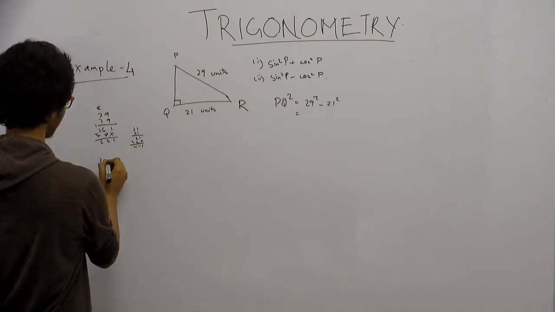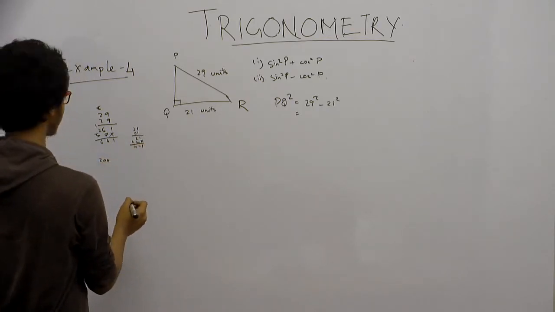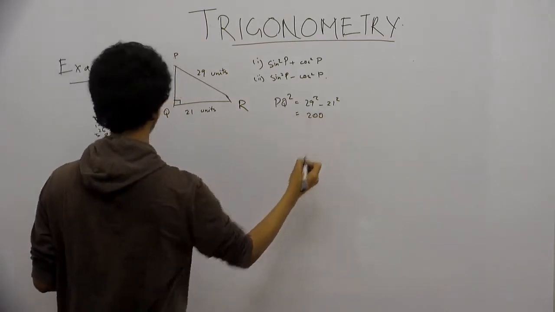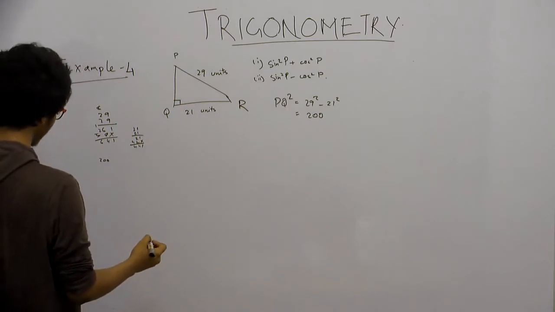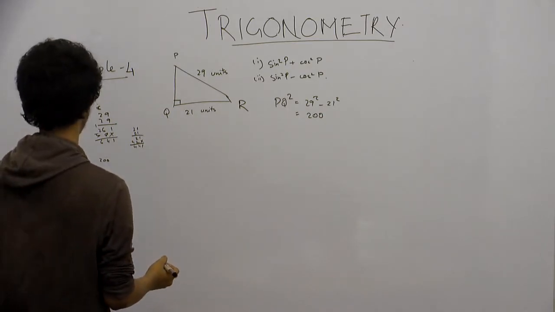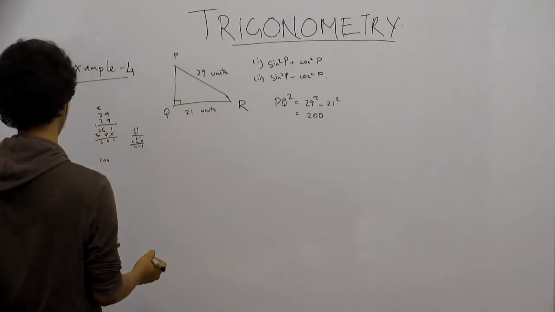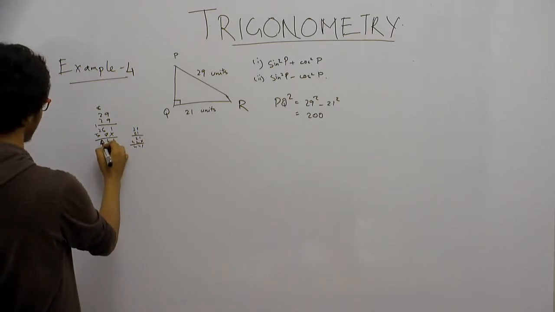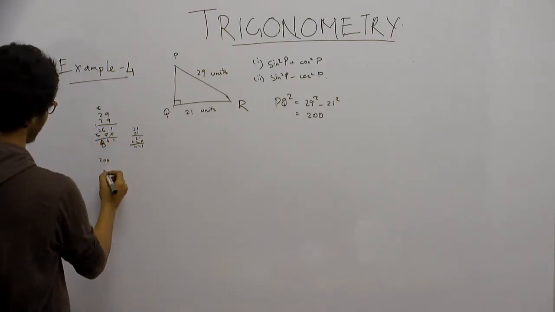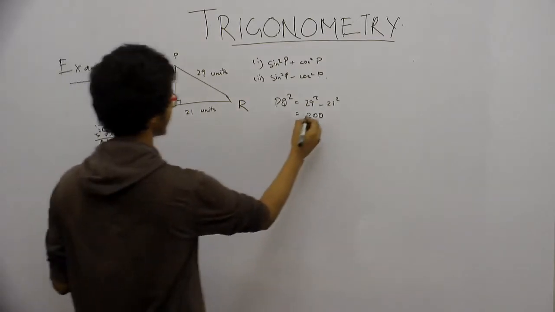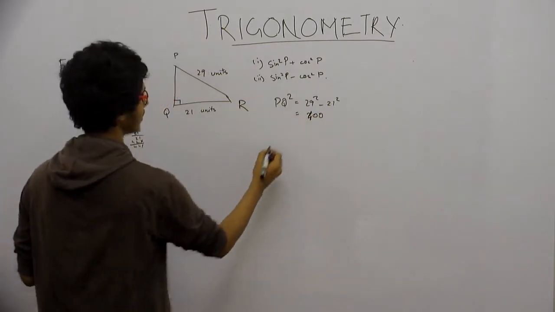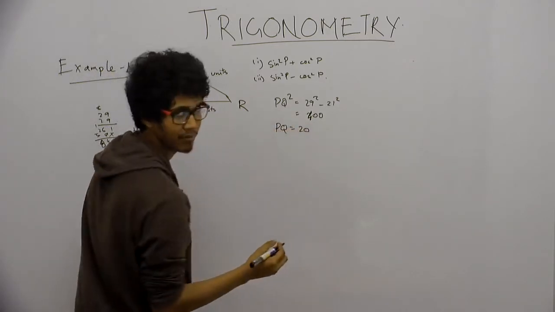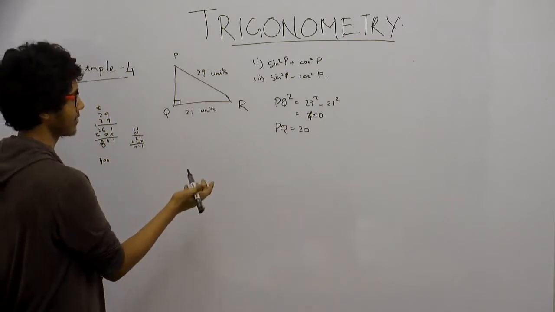So we subtract, we get 400. Therefore, we find that PQ equals 20. Remember the fact that I eliminate the possibility of negative 20.